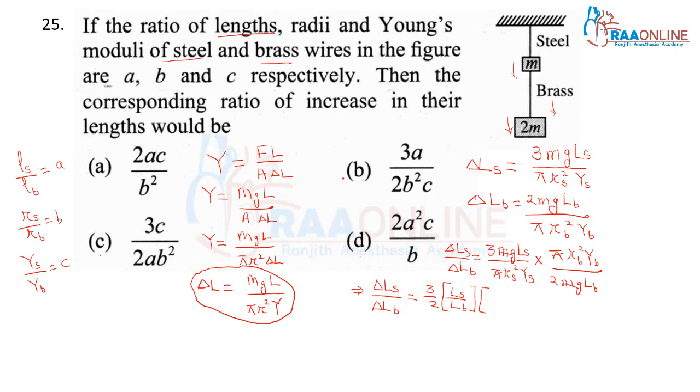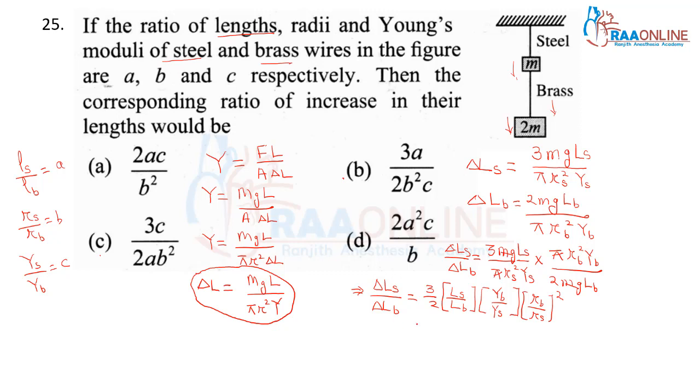Next, Yb in numerator, Ys in denominator, so Yb by Ys. Same, rb is in numerator, so rb by rs, both with power 2.